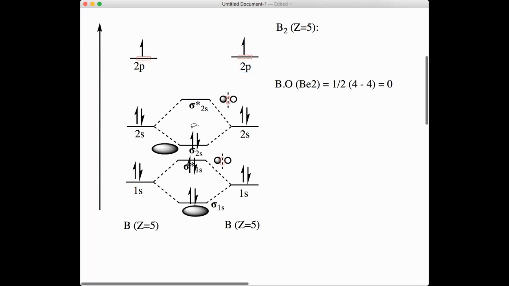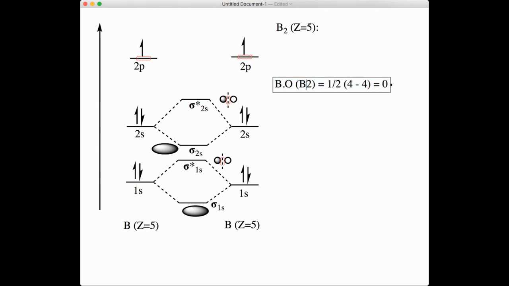With that in mind, I'm going to remove this since we are doing a new problem, so I don't want anyone to be confused. If we combine two boron atoms to form a B2 molecule, we are combining the 1s with the 1s.